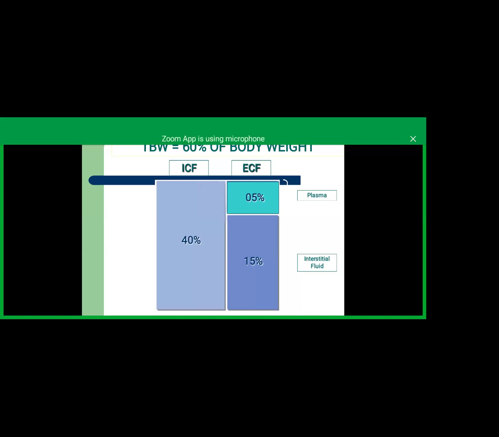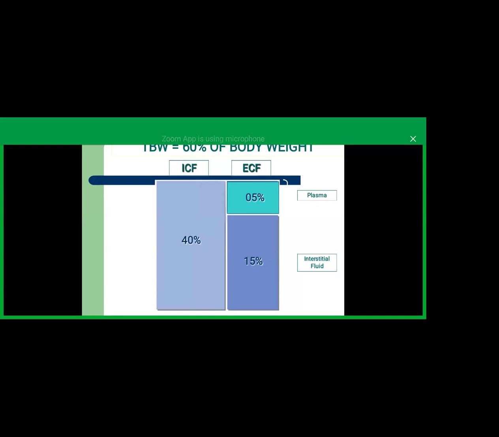And this slide is just telling us that intracellular fluid, which is within the cells, is about 40%. And extracellular fluid, which is outside the cell, the one we have in the blood vessel and the one we have within the interstitial spaces, is 15%.